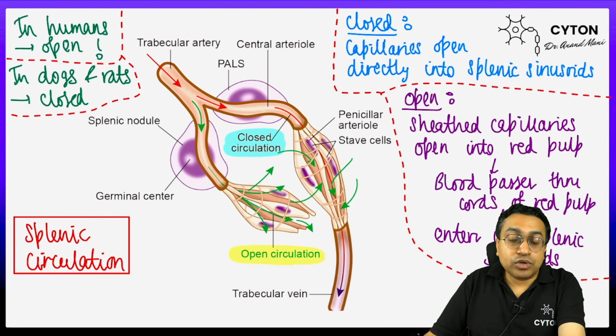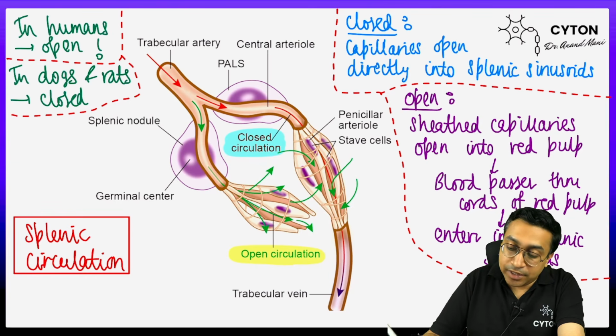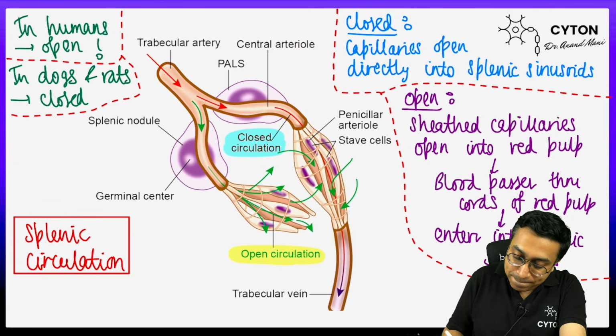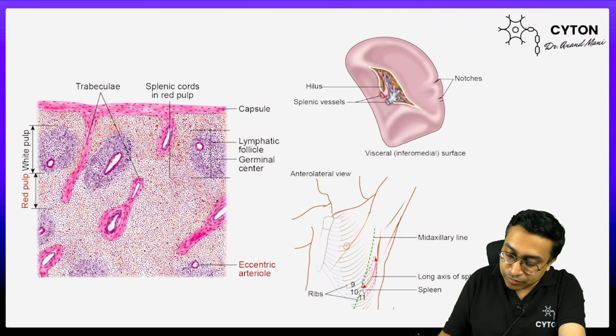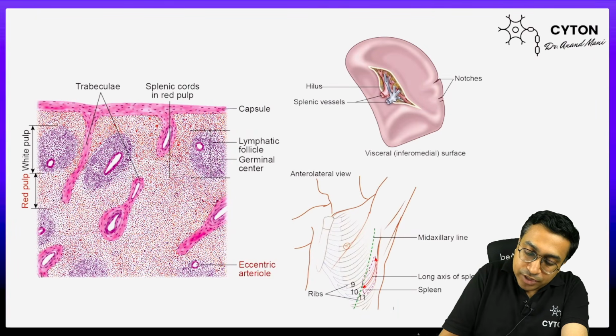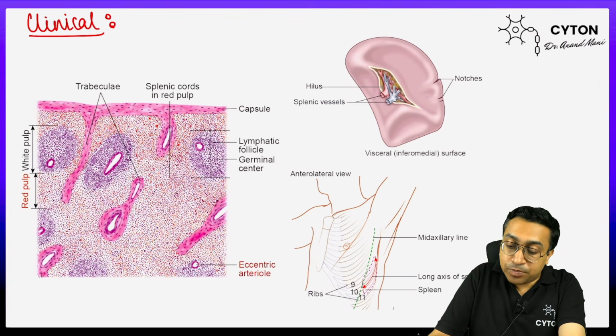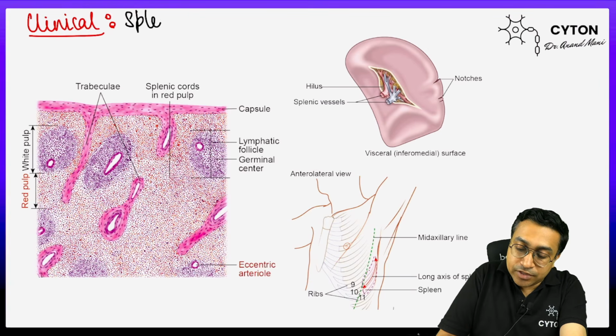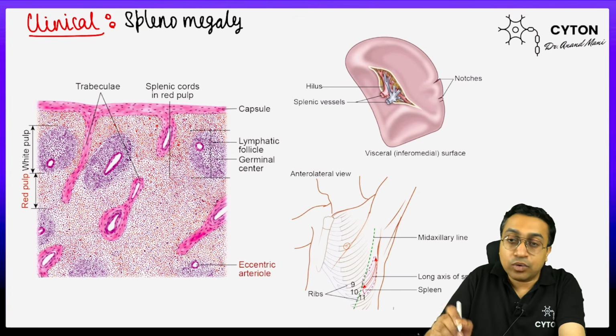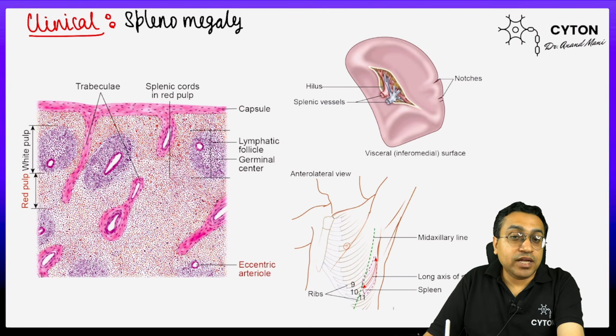Next we move on to the clinical integration of the spleen. A condition related to the spleen is splenomegaly, which is the enlargement of the spleen.